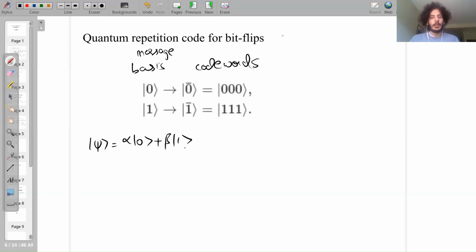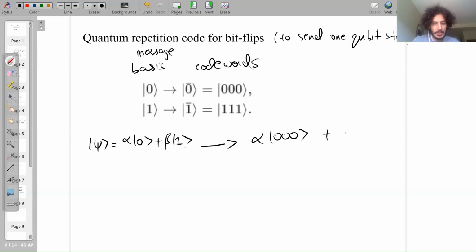I should explicitly state that we are sending one qubit state, which is alpha 0 plus beta 1 generically, and it could be any alpha and beta, whatever you want it to be. The code word will be such that a state like this goes to alpha 000 plus beta 111.